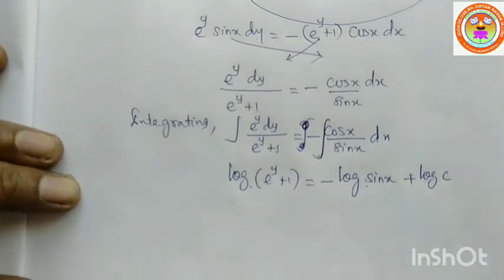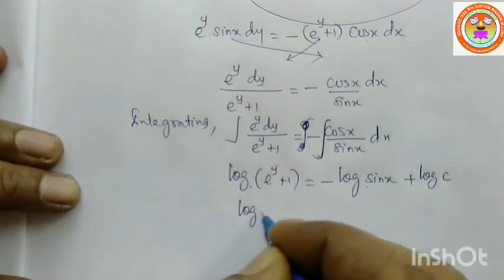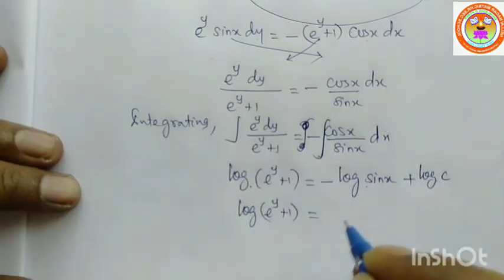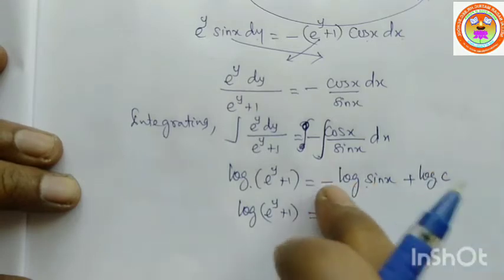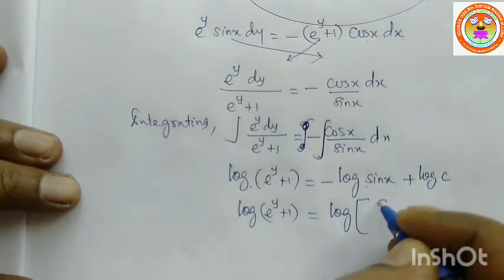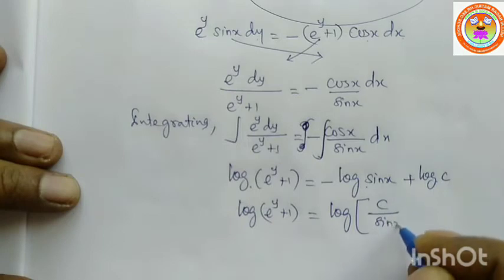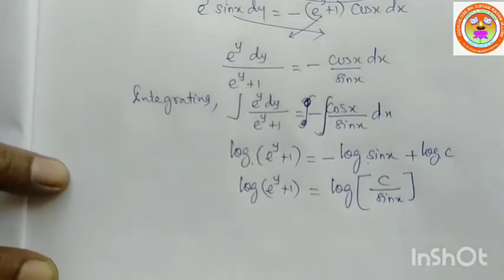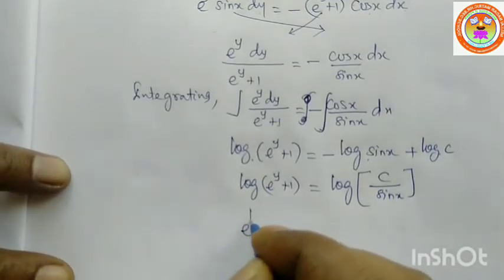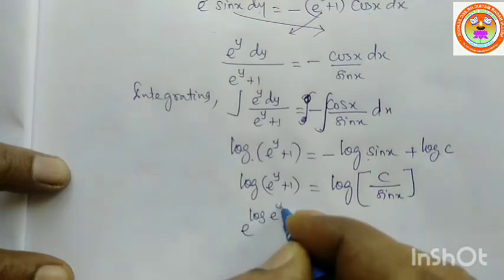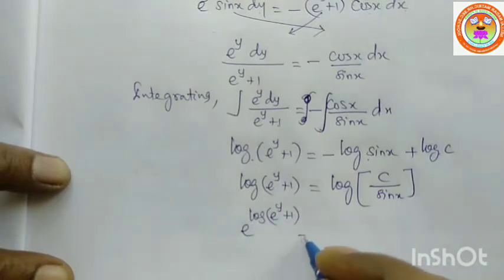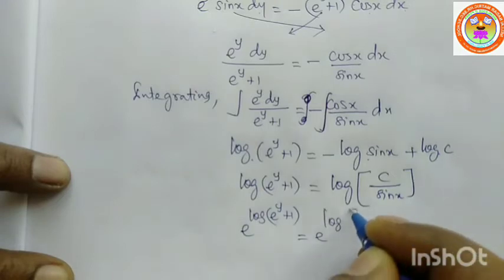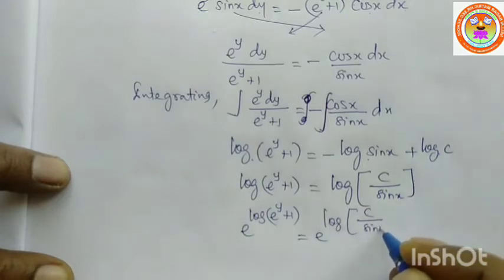Now we can simplify the terms. Log of e power y plus 1 is equal to log a minus log b. Log a minus log b is log of a by b. Now apply exponentiation on both sides. When we are applying exponentiation, e power log of e power y plus 1 is equal to e power log of c by sin x.